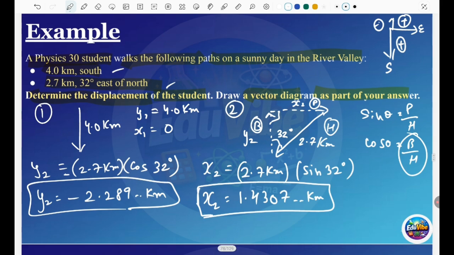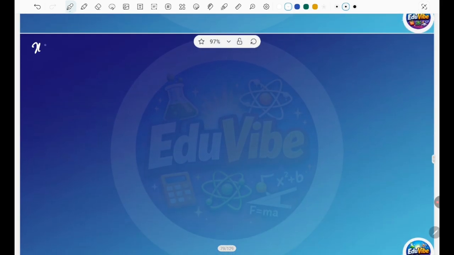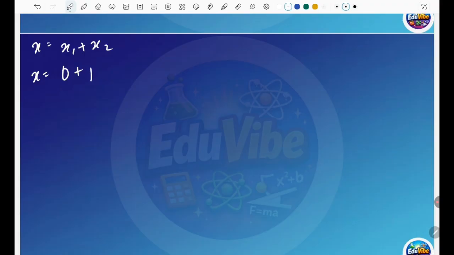So we get both of these, their x components and their y components. Now we have to add them up. For the x, we have x1 plus x2. x1 is 0 and x2 is 1.4307 kilometers. Make sure you take the rounded values for this.